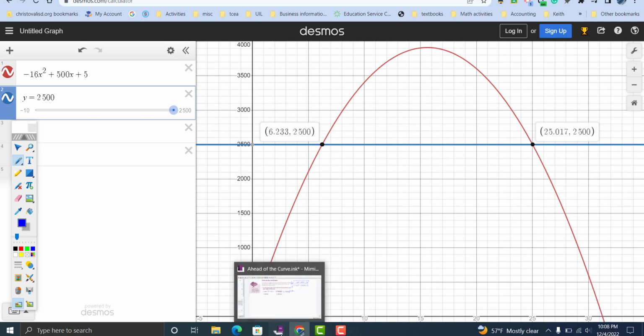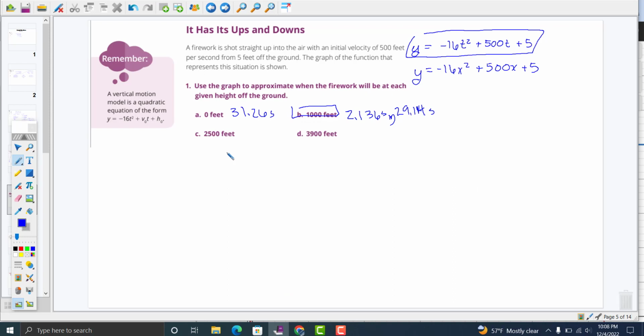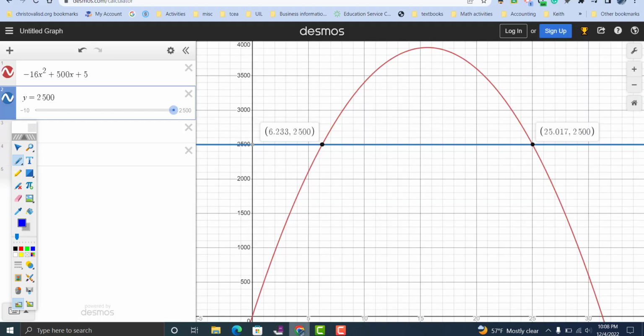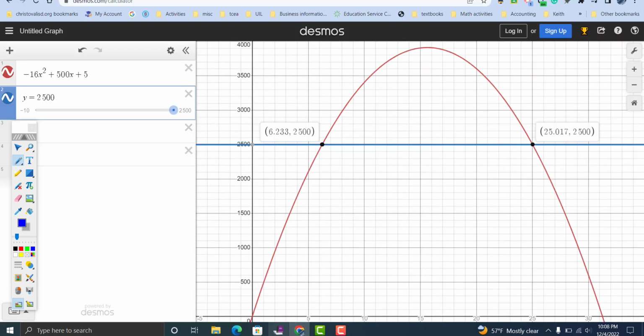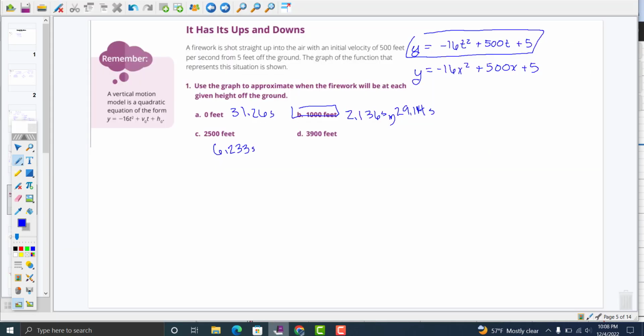And so those are the two that I would record. 6.233, and the other time was 25.7017. Those are the 2 seconds.